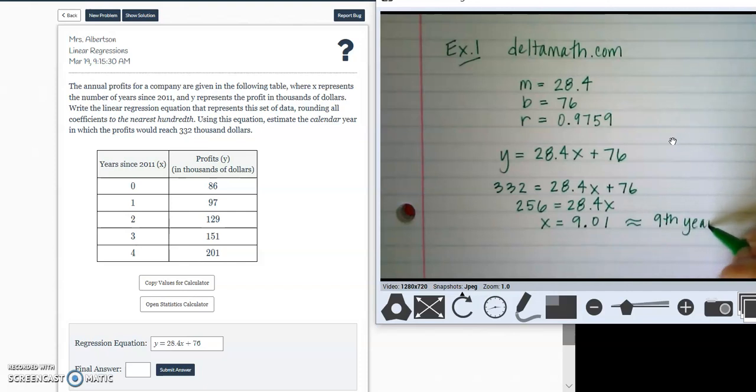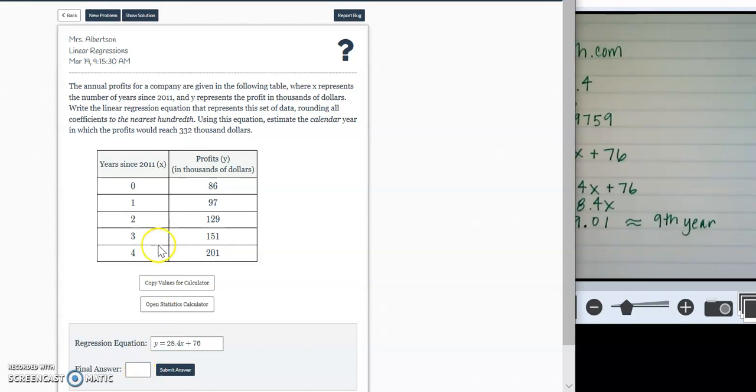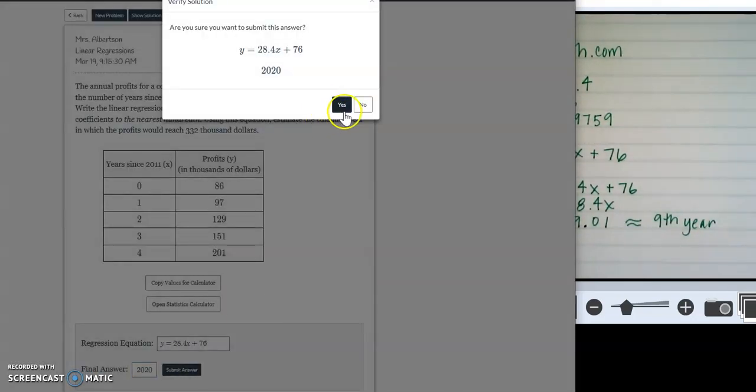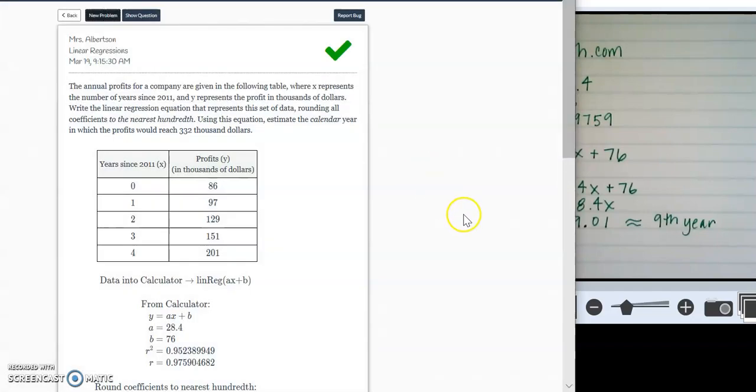Now, the answer to this question is not going to be 9, because 9 is the number of years since 2011. So if we have a 9 in this column, then our final answer should be 2020. Now I'm going to submit, and yes, we got it right.